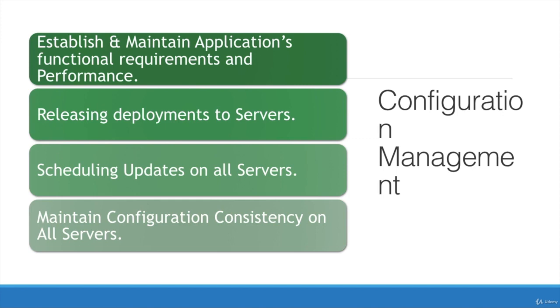The third one is about scheduling updates on all servers. It means if you have security patches, image changes, an operating system upgrade, or some related service upgrade, then that should be upgraded on all the servers. This is the job of configuration management.